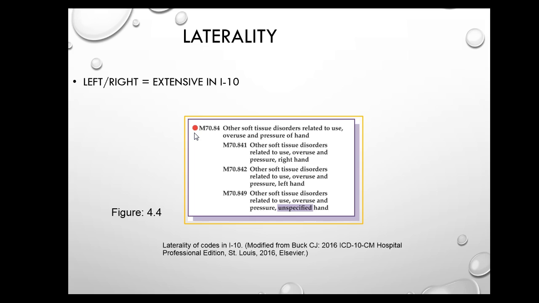Remember, this big bold red dot tells us that we need to use additional digits. Indented underneath this code, we have additional codes. They all end with a different character. The 1 represents the right hand, the 2 represents the left hand, and finally the 9 represents the unspecified hand. We will see that a lot when we're dealing with injuries or problems related to our extremities.